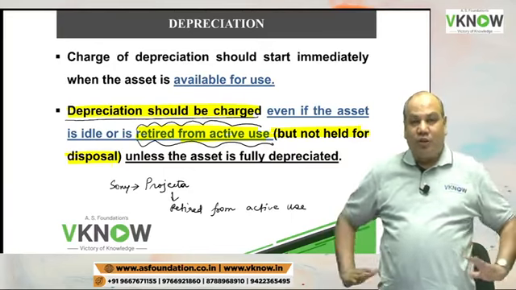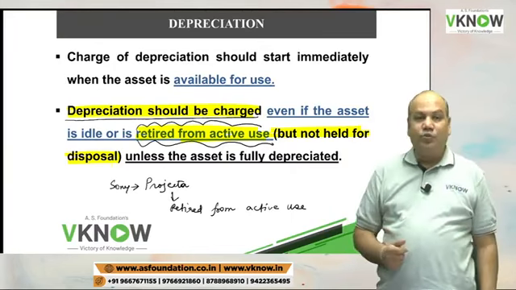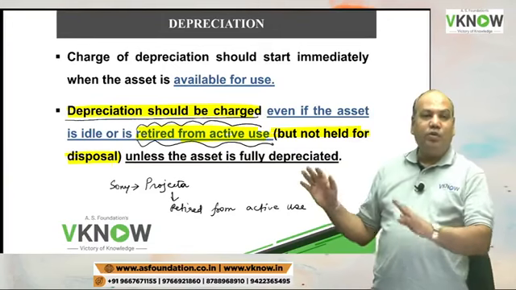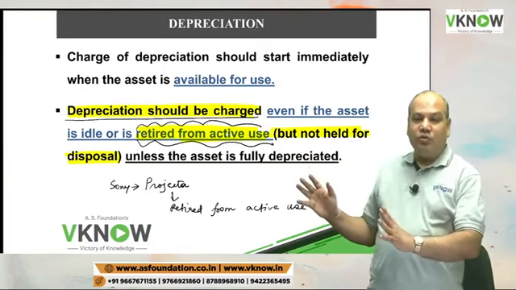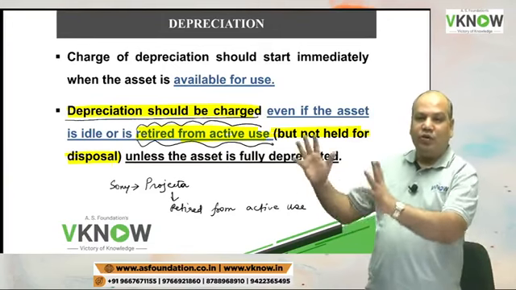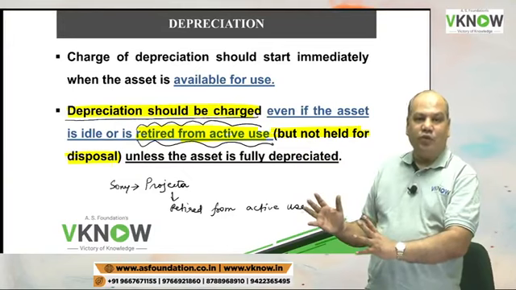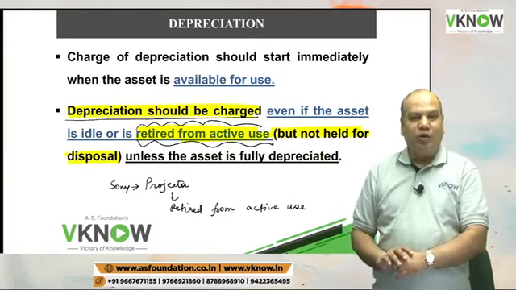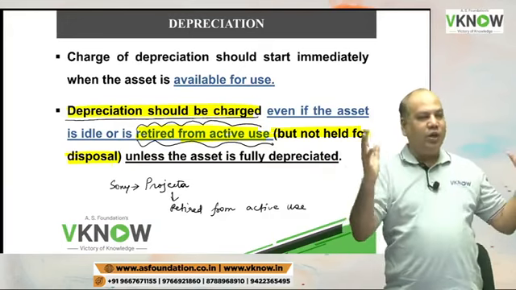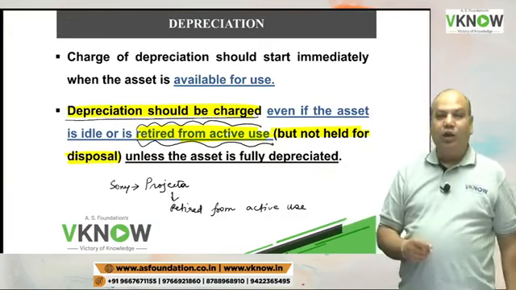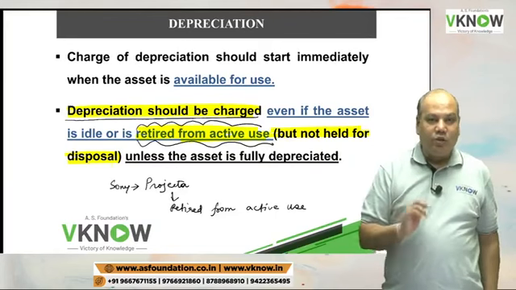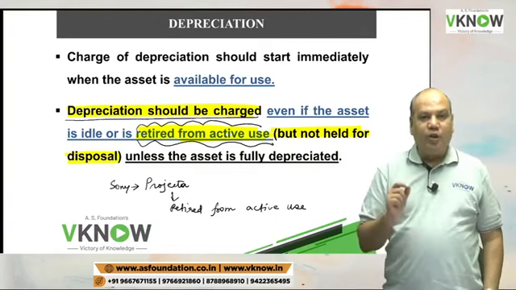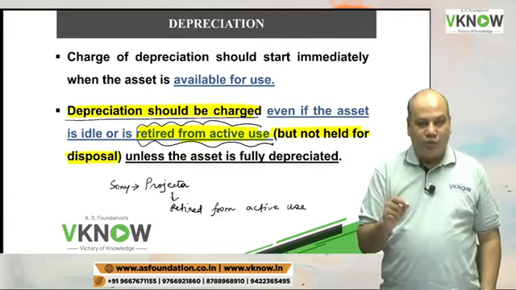Rarely I use i10. But i10 is not held for disposal. I have not advertised on OLX that this i10 car is now for sale. I have not put a hoarding outside my building wall, i10 for sale. That is called held for disposal. It is not held for disposal. So depreciation will be charged.